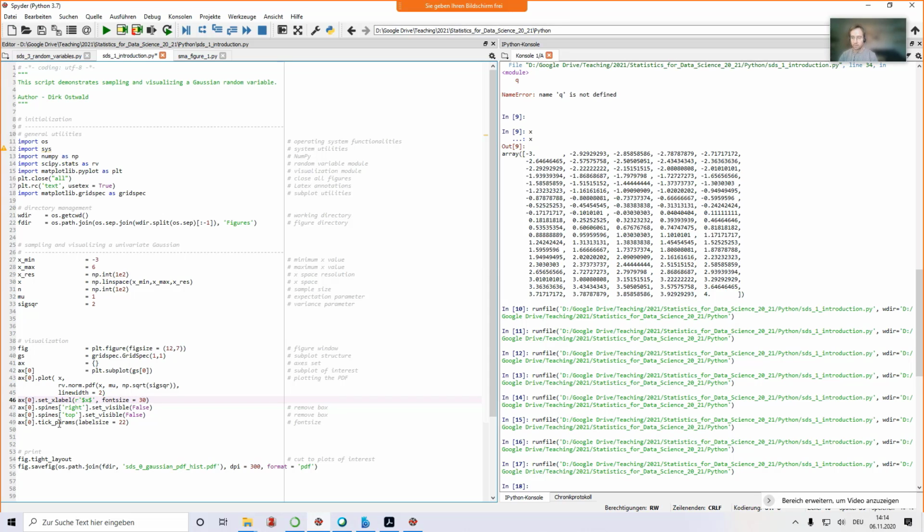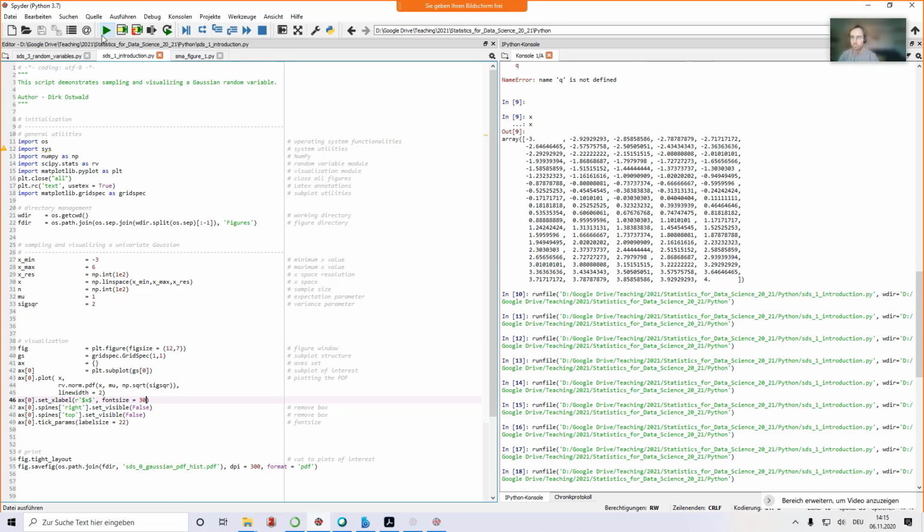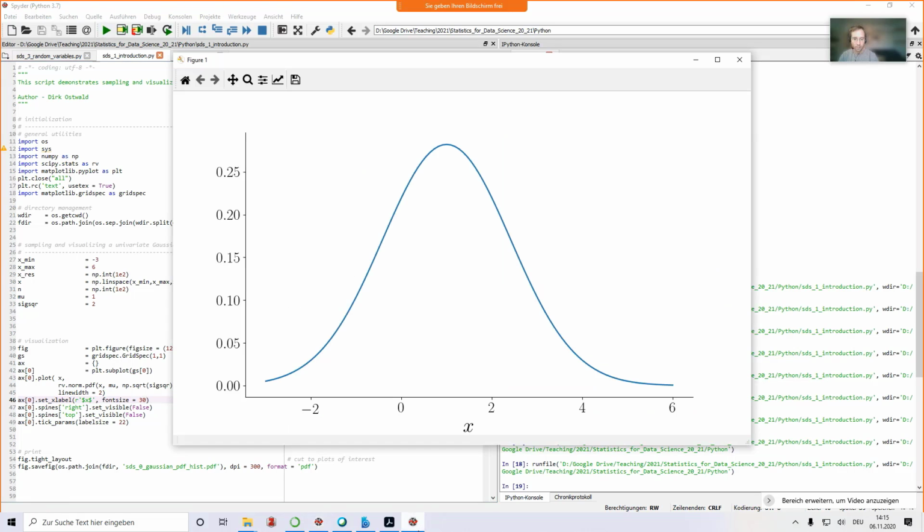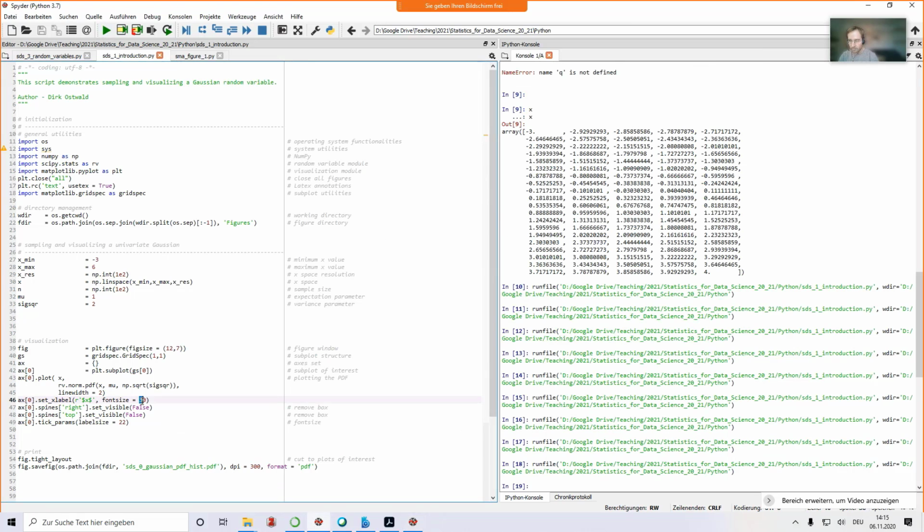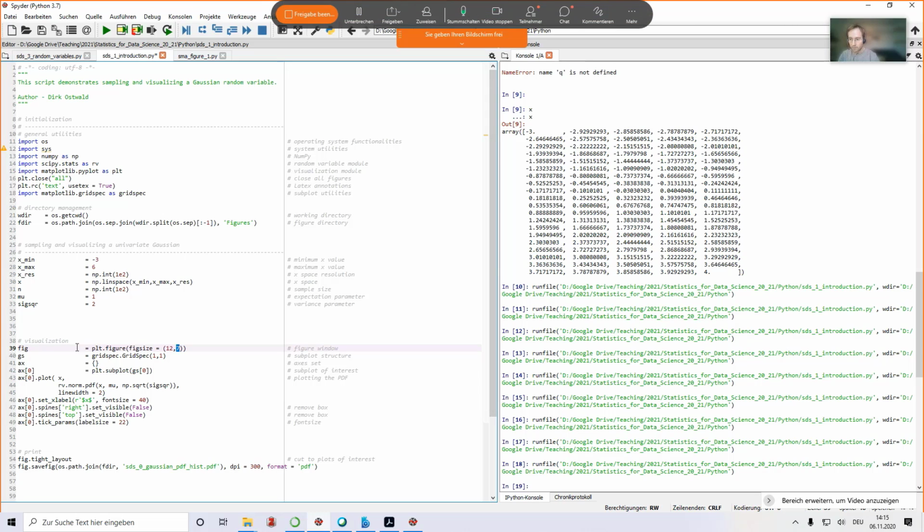But so be it, it will be there at one point, I hope. So now we have a little bit of an x label. Let's make this a little bit bigger. And then I guess we also have to make this a little bit bigger.